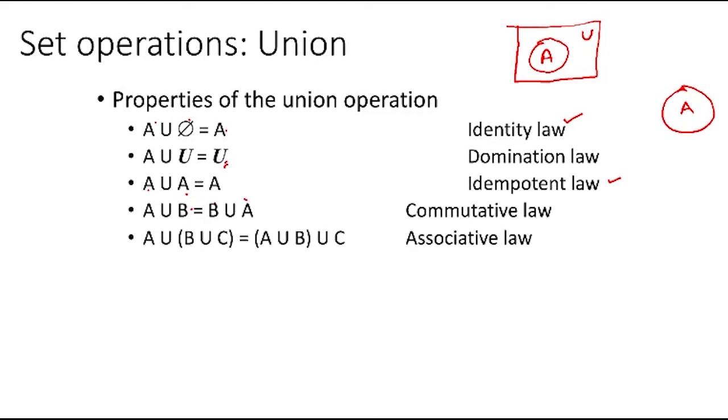Associative law: if you are adding A plus B plus C, first adding B plus C and then A, or adding A plus B first and then C, both answers will always be the same, right? So these are the operations for union, denoted by U.